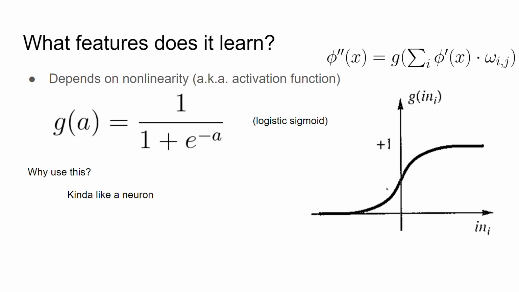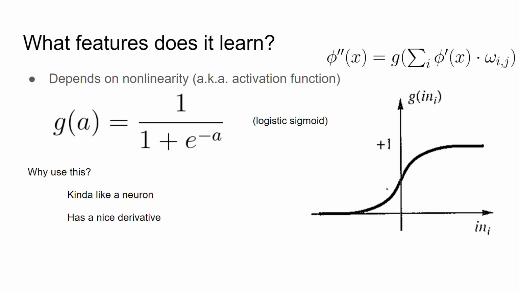You don't have negative activity of a neuron in a brain. So it's got this kind of shape: I want 0 for very small values, like if I don't give this neuron any stimulation, it doesn't do anything. For very large values, it'll hit some maximum, and we're calling that maximum 1. In the brain, it'll be some maximum activity level, whatever. And we've got something smooth in between. So that's one reason to pick this function: it's got a shape that feels kind of biological-ish. But the other big reason they picked this one is it's got a really nice derivative.